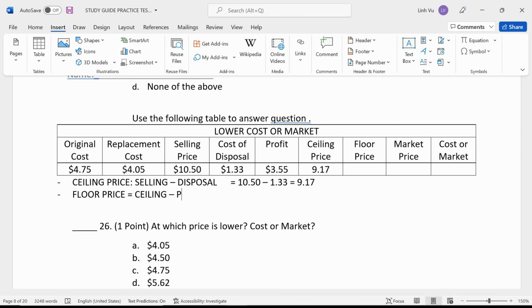So in this case, what was my ceiling price? $9.17, minus profit of $3.55. So what should you get here? $5.62.